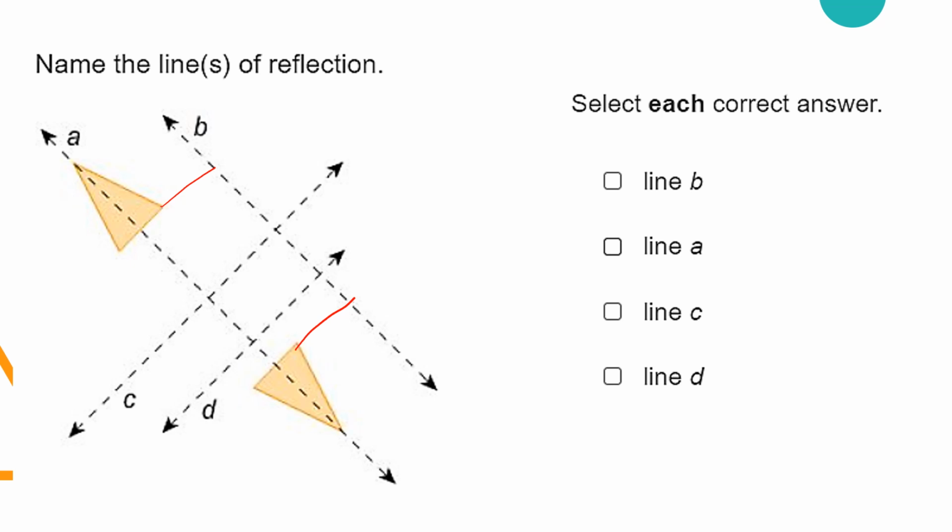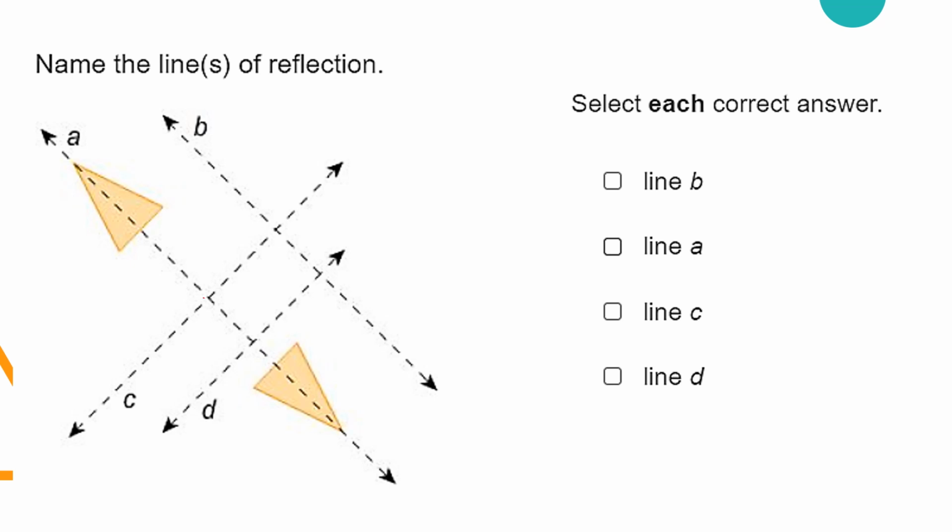But in order for that to work for B, we would have to have a shape over here. So B would not work. D is really close to the bottom figure, but pretty far away from the other figure. So D would not work.